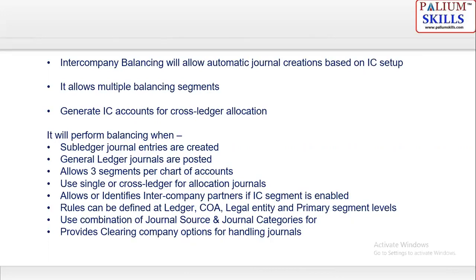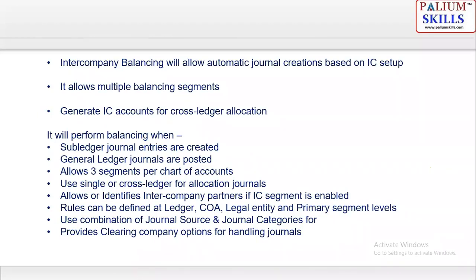Rules for the intercompany you can define at the ledger, chart of accounts, legal entity, and primary segment level. You can use a combination of the journal source and the journal category for defining your journals.